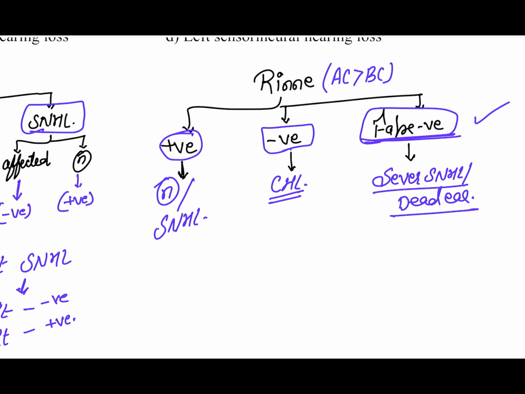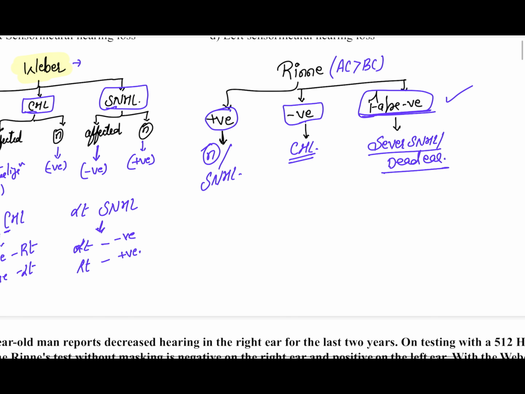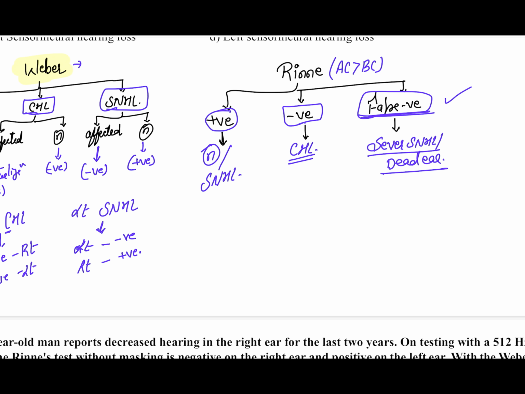That's why it is shown in severe SNHL. For this Rinne test, whenever we are checking for sensory neural hearing loss, we do masking or without masking, meaning whenever I am checking the right side, I will put some music on the left side, so there will be no crossover.